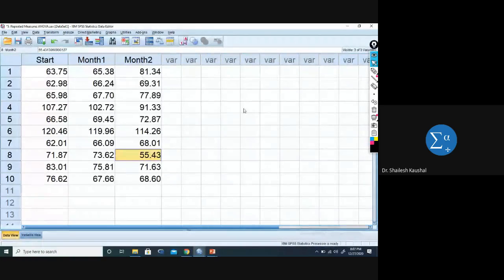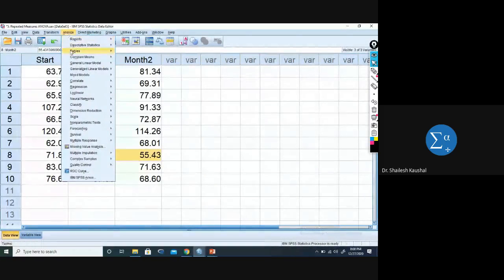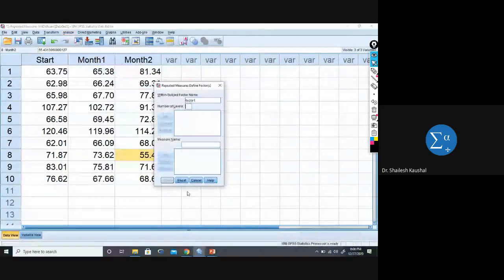So how to perform repeated measures ANOVA? Analyze, general linear model, and repeated measures. Here, analyze, general linear model, and repeated measures. Then for the factor, I am writing weight.